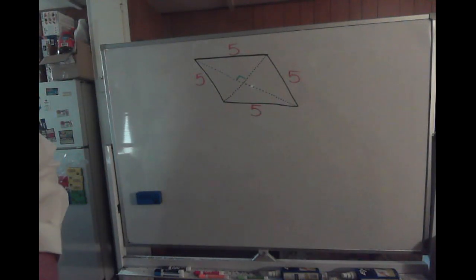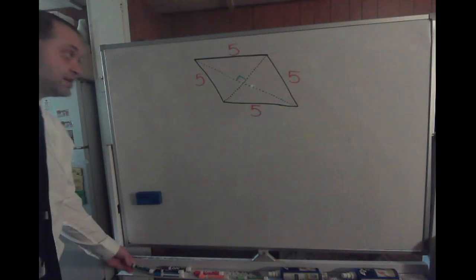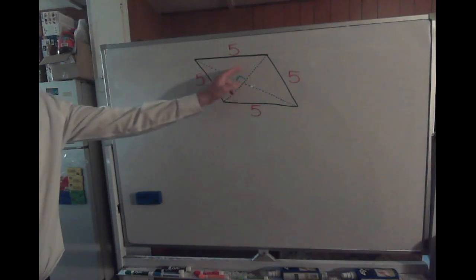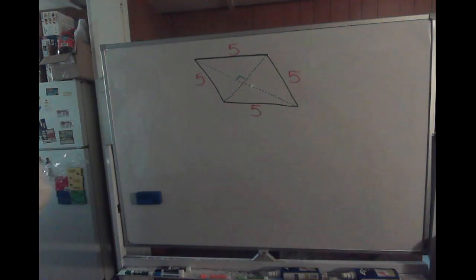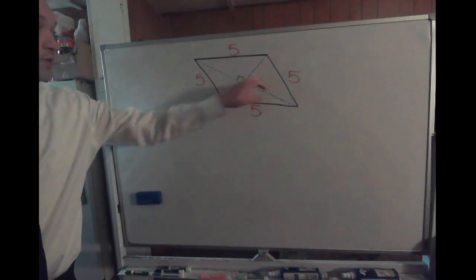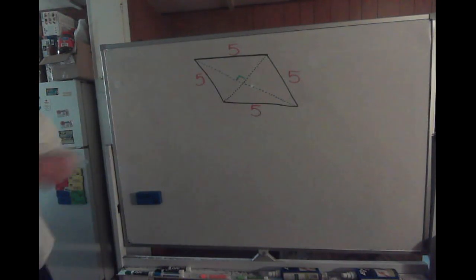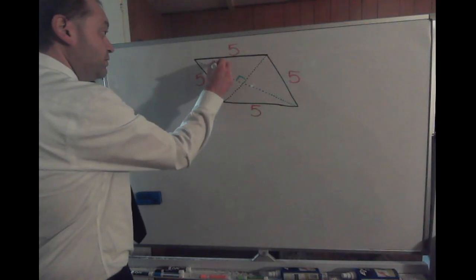Since the diagonals of a rhombus are in fact perpendicular, that means you have 4 right triangles here inside the rhombus. Now, they also give you that this diagonal in blue, your first diagonal, each segment has a length of 4.